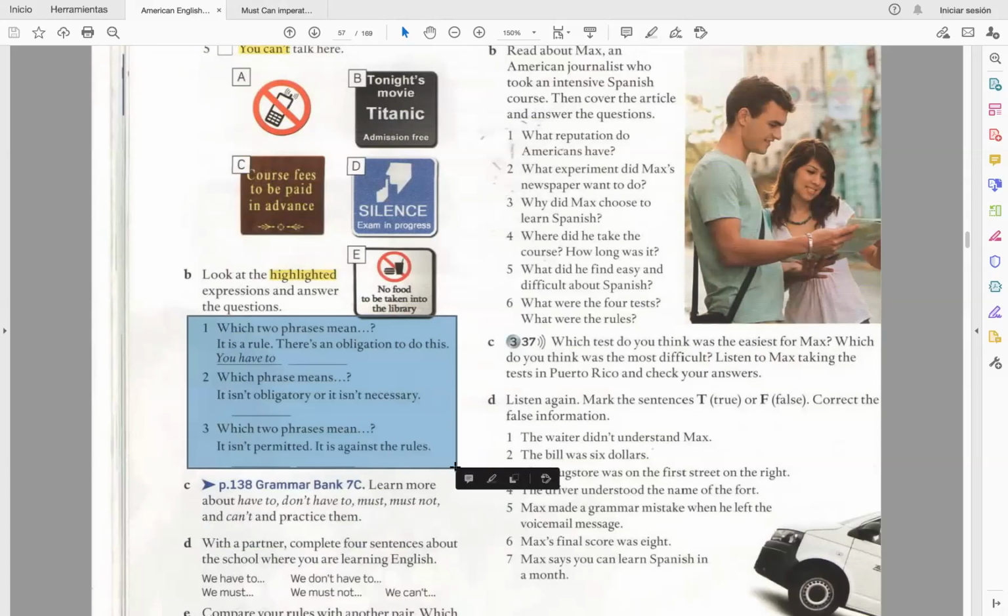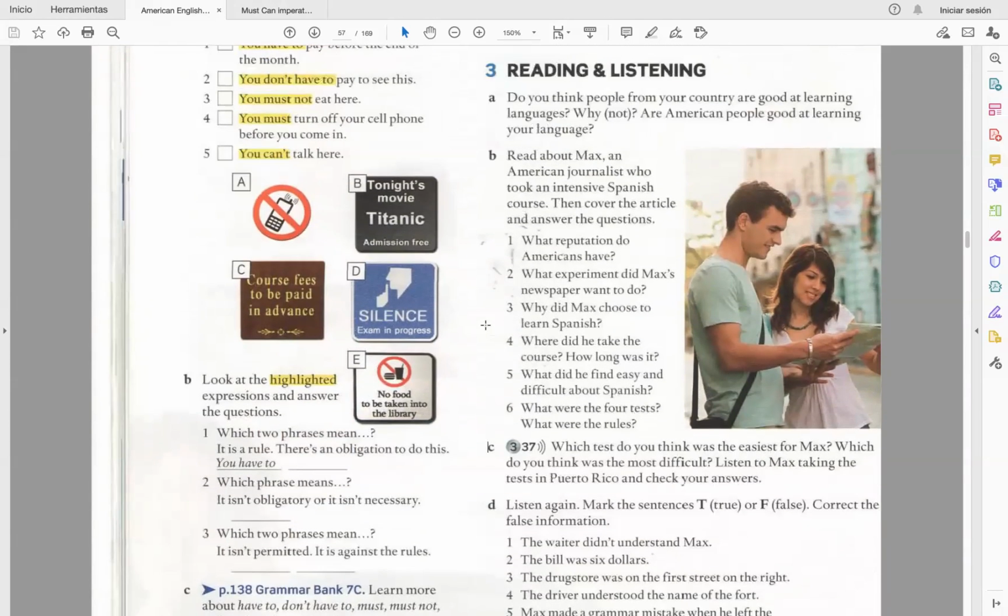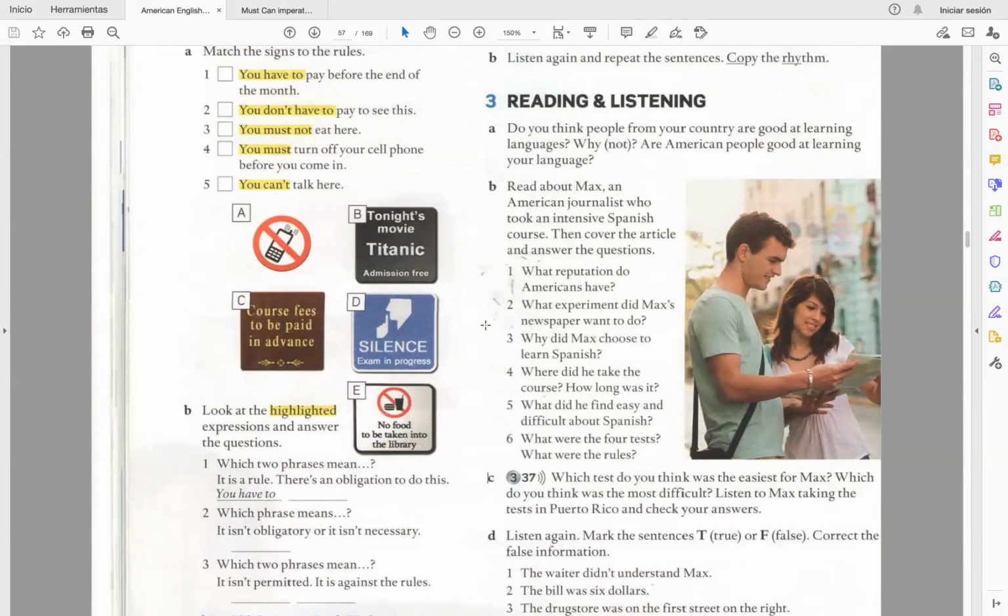Is it clear, Carla, Janira, Diego? Yeah? Okay. Teacher? So, yes. In the picture C, what is course fees? Course fees son como los aranceles del curso, los pagos del curso. ¿Y advance? In advance, con anticipación.